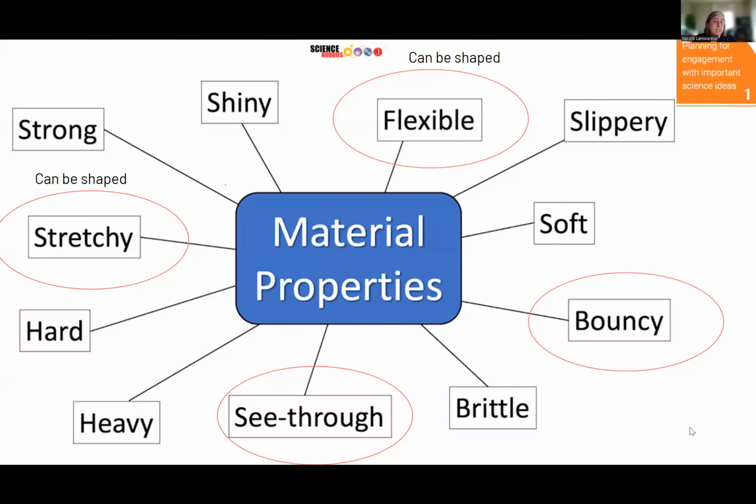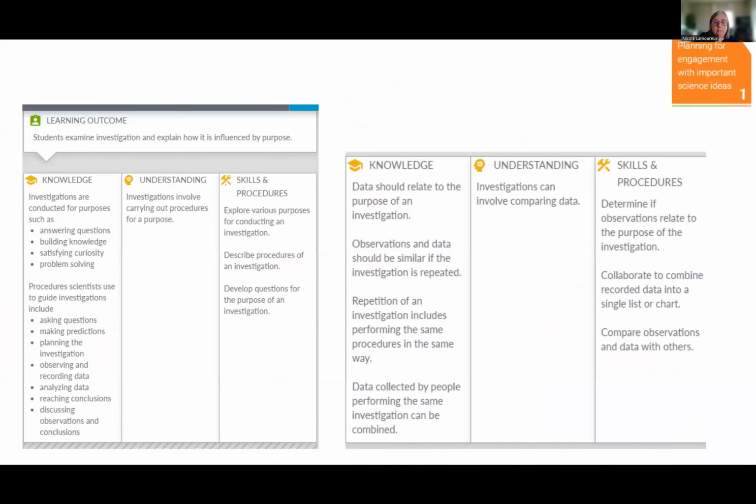So there are many different types of properties, but our curriculum focuses on can be shaped, see-through with transparency, and absorbency as well.